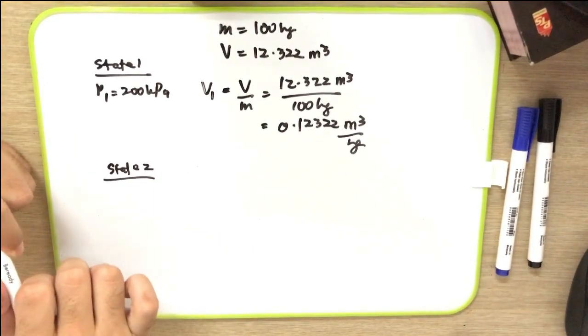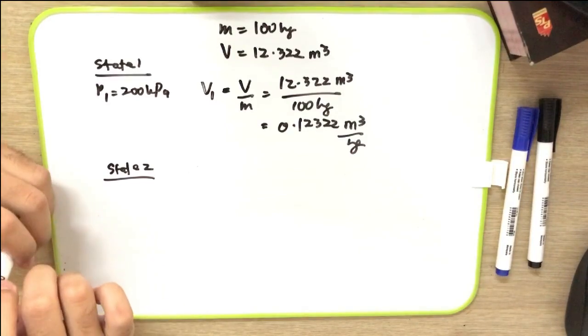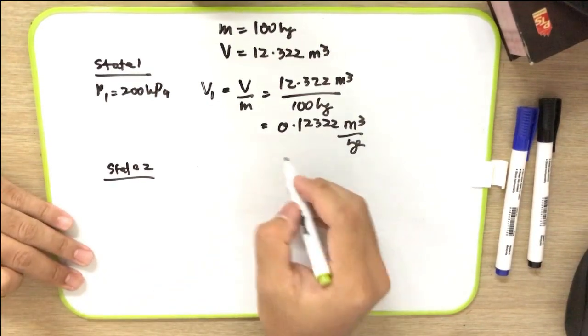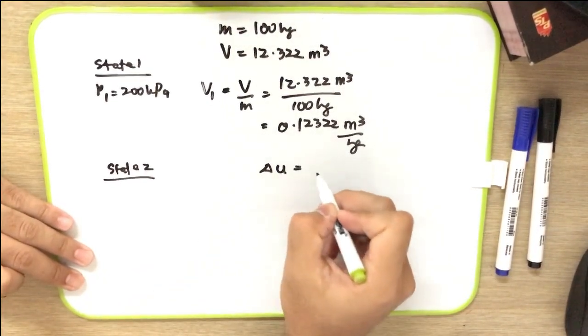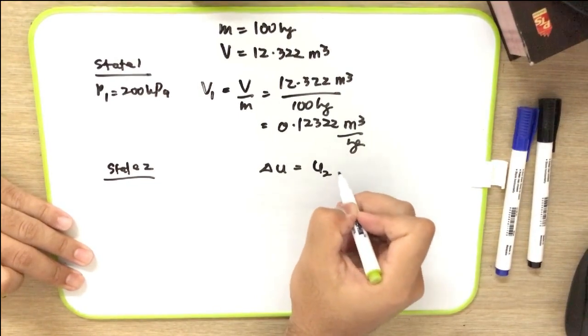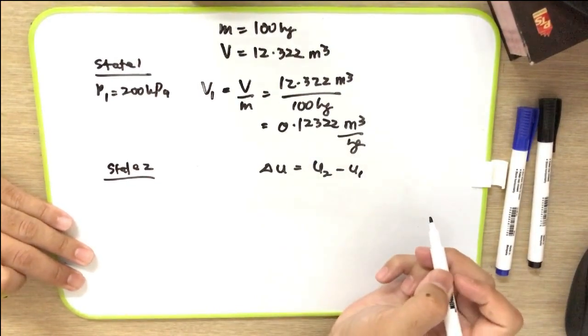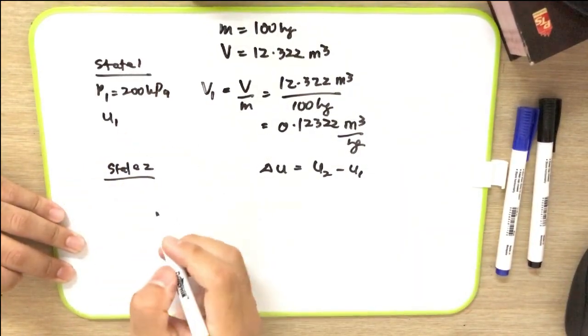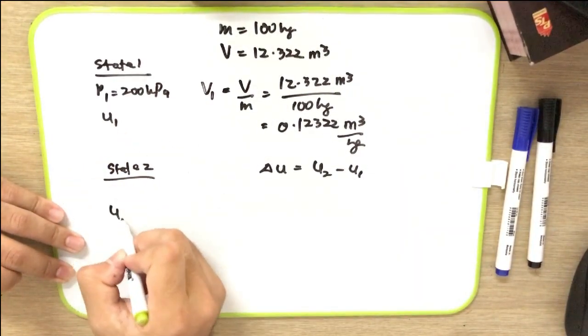Next, we need to find the change in total internal energy of the substance. To find this, delta U is equal to U2 minus U1. So we need to find U1 and also U2 here.